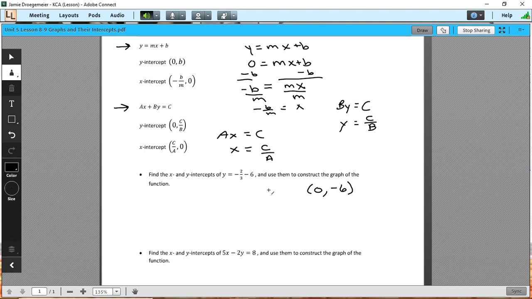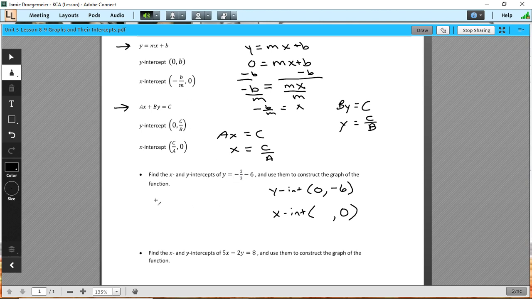So that's our y-intercept. Our x-intercept is going to have a y value of 0. And this is where we said if it's in slope-intercept form, we can take the opposite of that y-intercept. So the opposite of -6 would be +6.